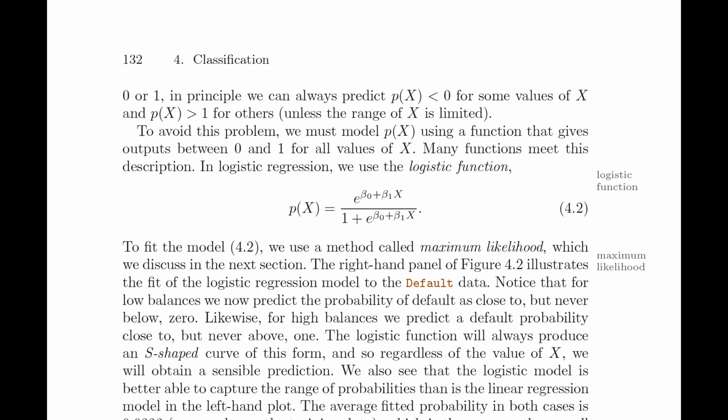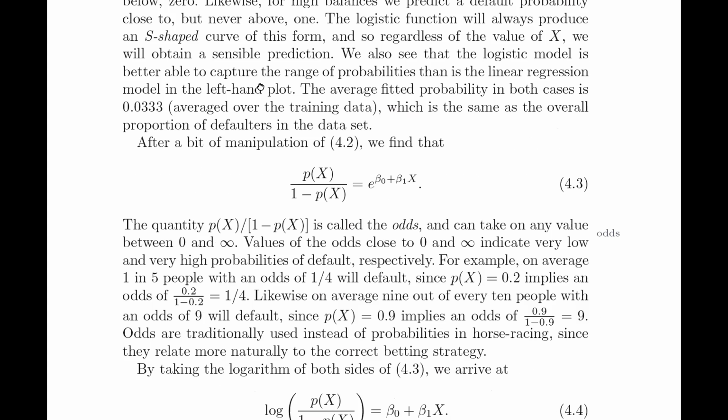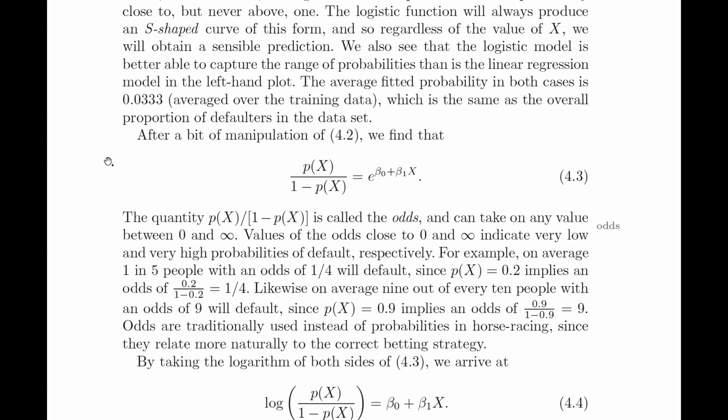Likewise, for high balances, we predict the default probability close to, but never above 1. The logistic function will always produce an S-shaped curve of this form. And so, regardless of the value of x, we will obtain a sensible prediction.